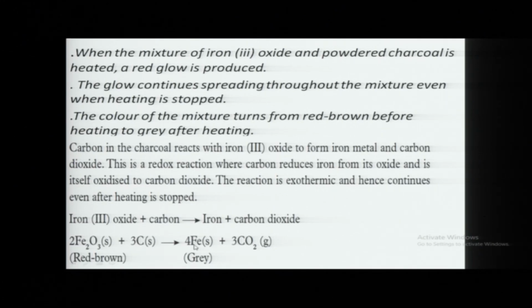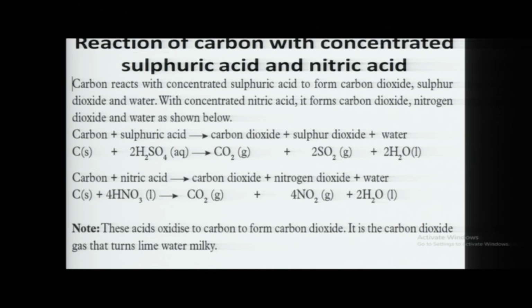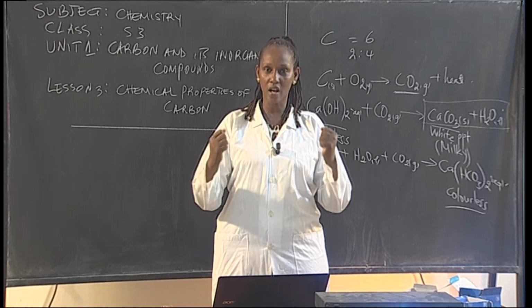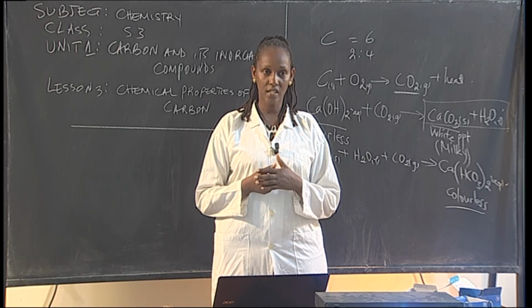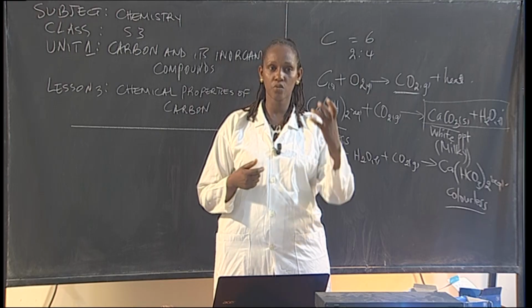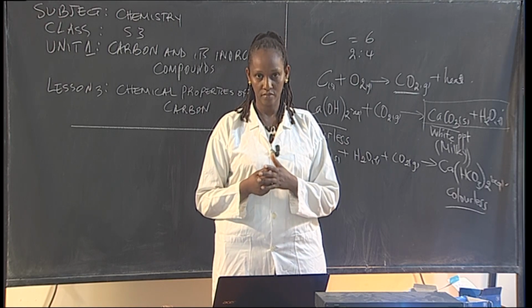Good. So we can continue to look at some other reactions of carbon, how carbon reacts with concentrated sulfuric acid and nitric acid. These are stronger acids, among the strongest acids that we have. So how does carbon react with these strong acids?